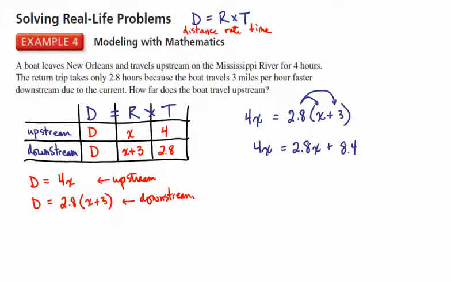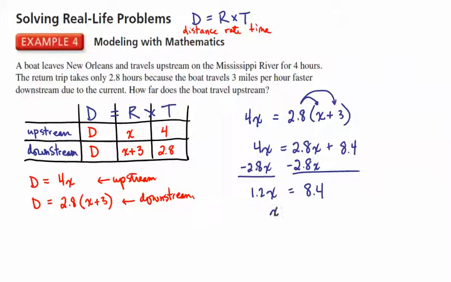So we know what to do now. We're going to move our variables over to the left. So I'm going to subtract 2.8x from both sides, minus 2.8x, and that leaves me with 1.2x on the left is equal to 8.4 on the right.